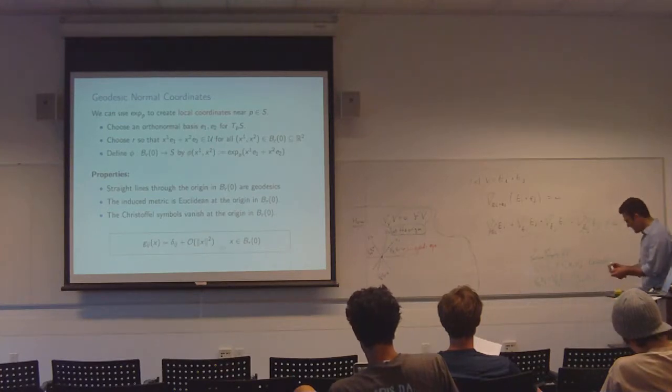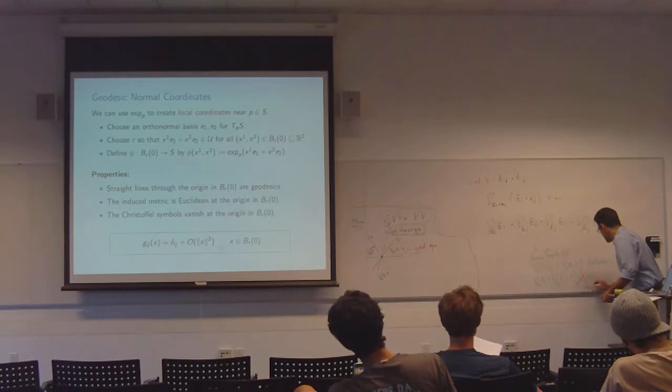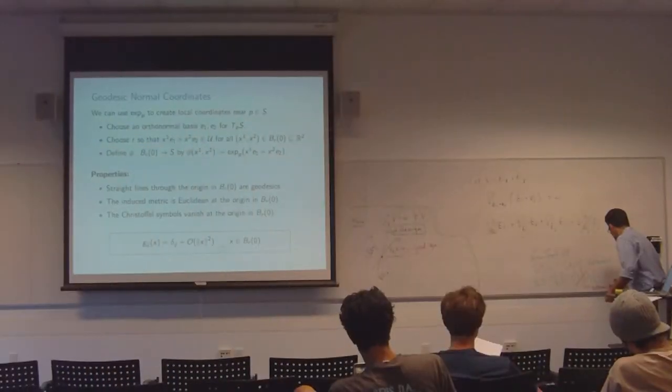And what we argued, back then and also in the supplementary material, is that this is 0 because e_i and e_j are coordinate vector fields.